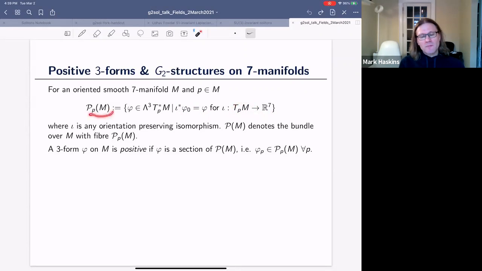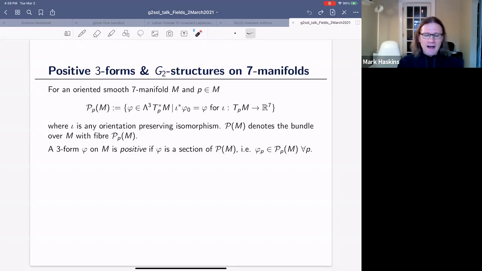This is just a pointwise thing, and I want to insist that my 7 manifold be oriented and that this isomorphism be orientation preserving.